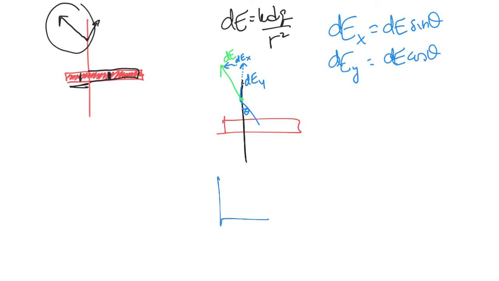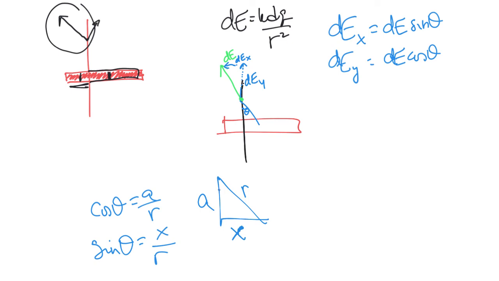And remember, it was just a, x, and r: cosine theta was a over r, and sine theta was x over r. So it's not horrible to set those up, but you do have to actually know what you're doing. All right, hopefully that helps.